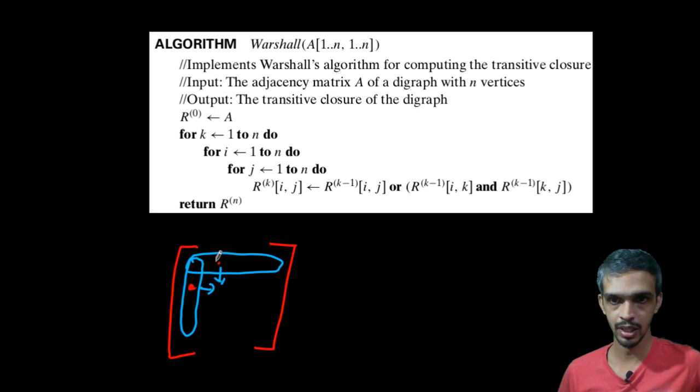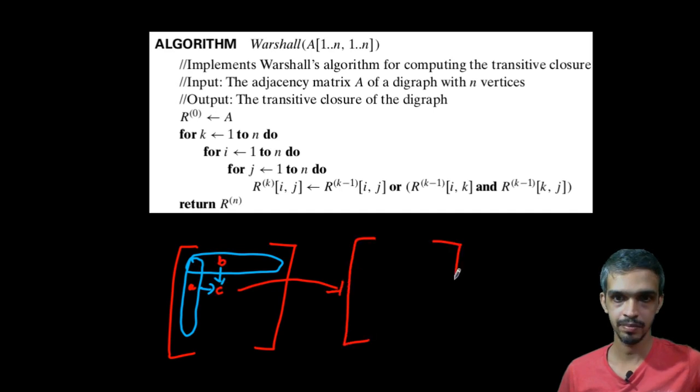So if it is A and B, AND of A and B, and it is ORed with this value to generate the new matrix, the value here, new matrix D. So this is written here: Rk of ij equal to Rk minus 1 ij ORed with Rk minus 1 ik AND Rk minus 1 kj. So this operation is written here. So this is about the algorithm.